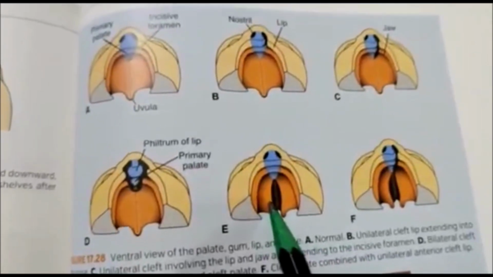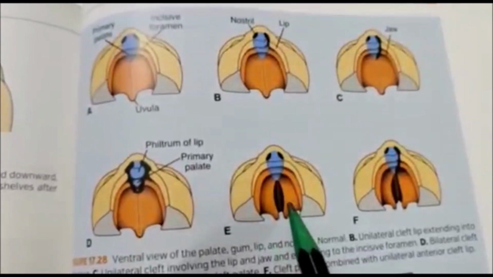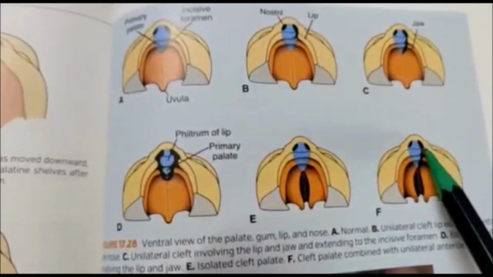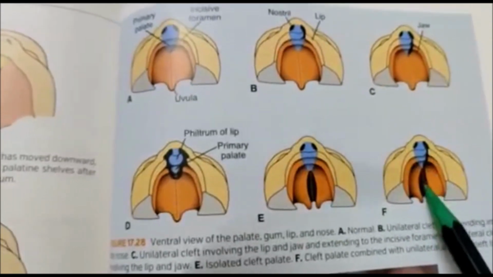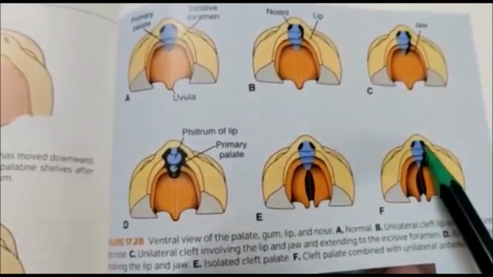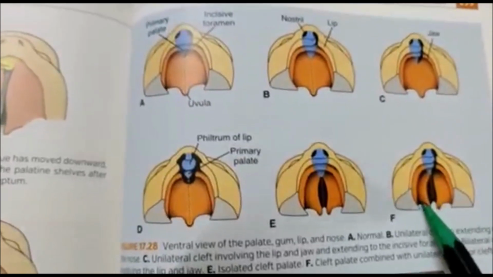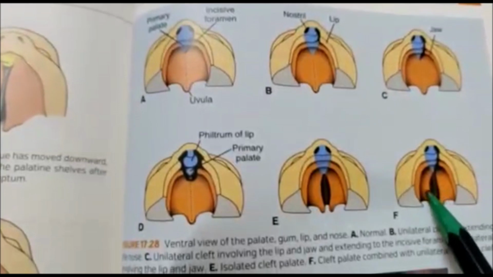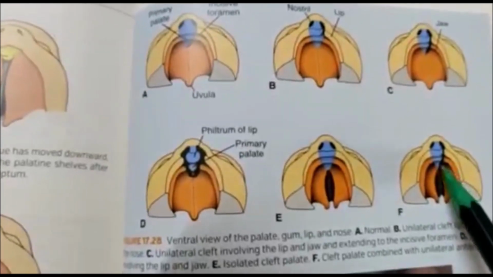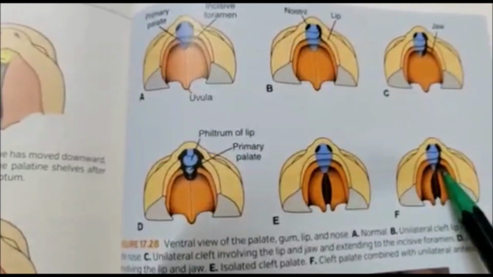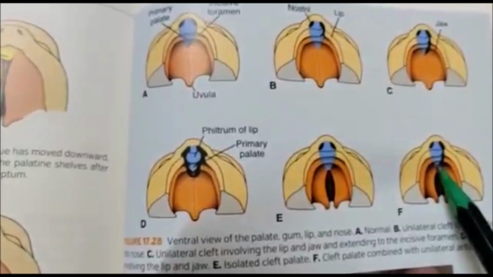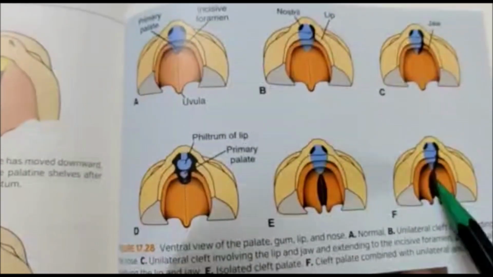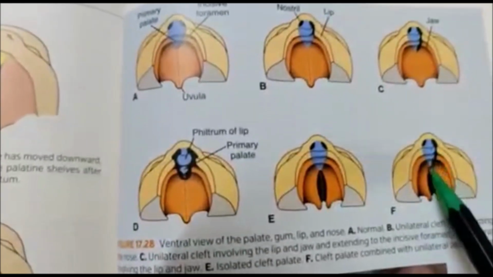This is one of the common types of cleft palate, and there is another cleft palate associated with the cleft lip, called complete cleft palate with cleft lip, because we can see that the two palatine processes of maxilla have not fused to form the secondary palate, and these palatine processes have also not fused with the primary palate. That has led to the complete cleft in the palate, and this is also associated with the cleft lip.